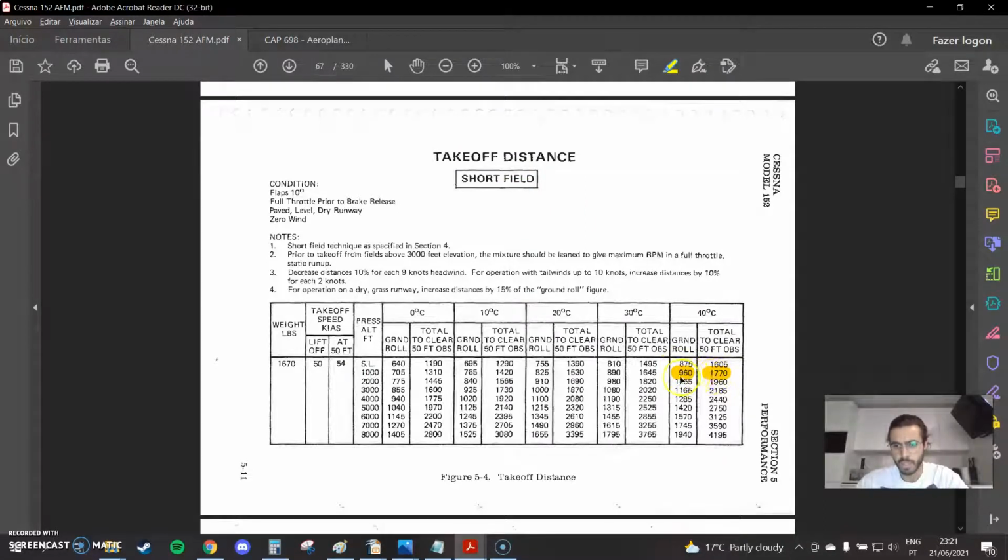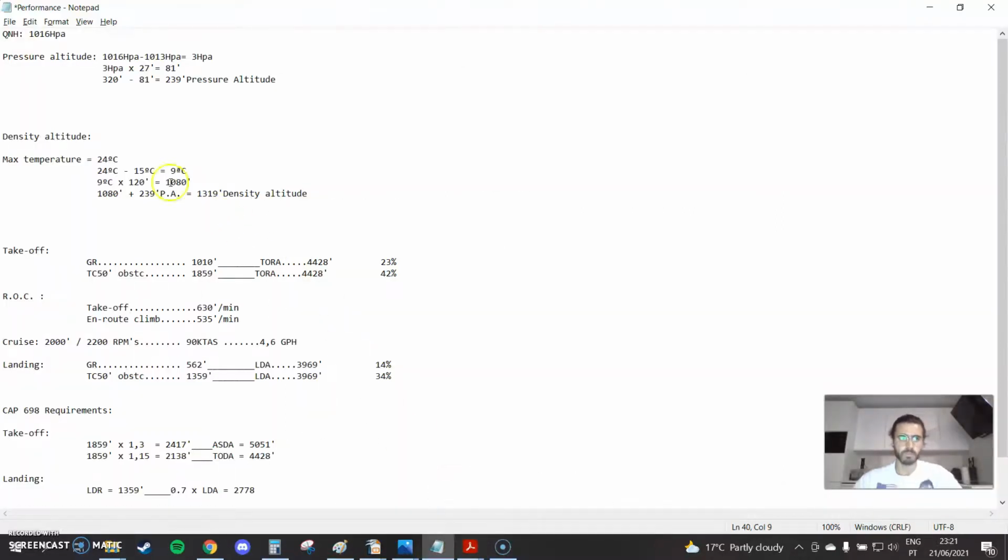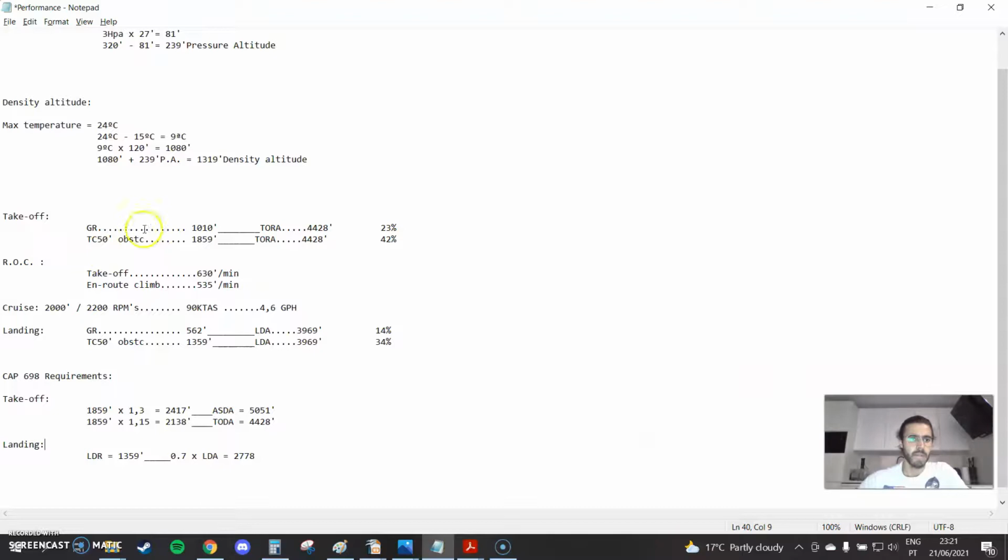Okay, and this will give us these values. So now I know that my ground roll is 1010 feet, and the takeoff distance to clear a 50 feet obstacle is going to be 1859 feet.